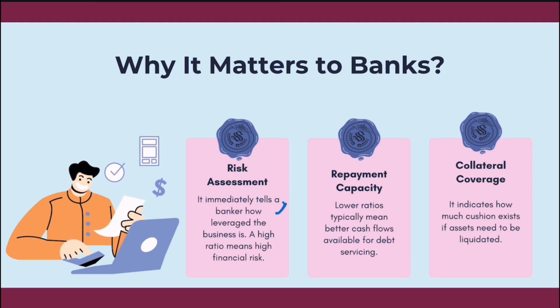A high ratio means high financial risk. Second, it tells your repayment capacity. A lower ratio typically means better cash flows are available for debt servicing. And the third part is collateral coverage. This indicates how much cushion exists if your assets need to be liquidated, right?